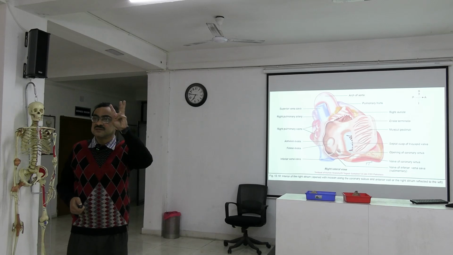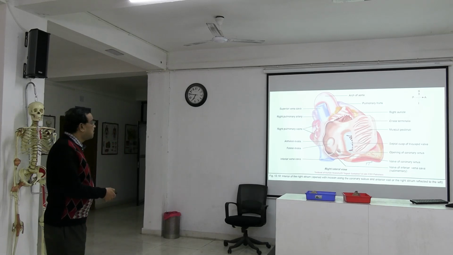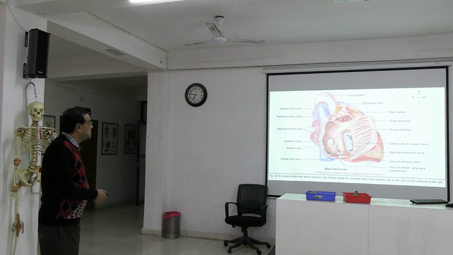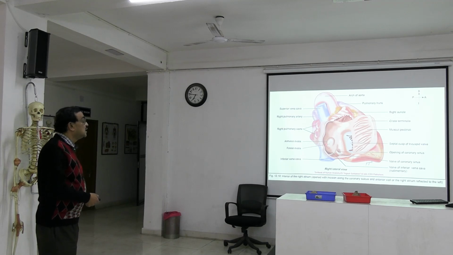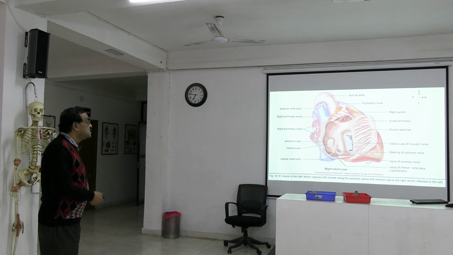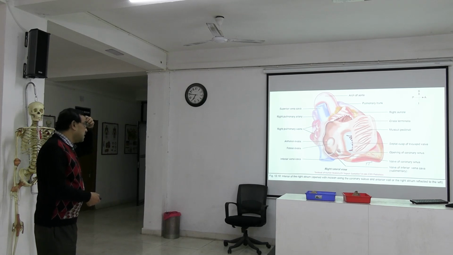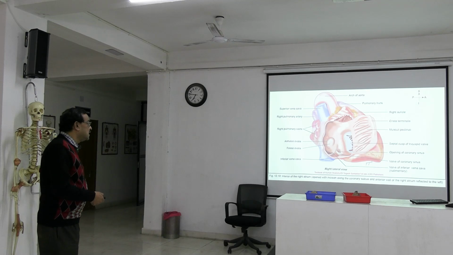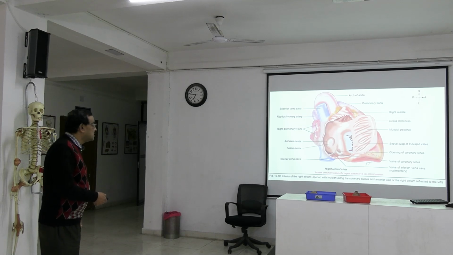So three parts: rough part, smooth part, then the part facing on the right side of the interatrial septum. Here on the right side of the interatrial septum, we get the limbus fossa ovalis and fossa ovalis, and sometimes we can find an opening here, which is called foramen ovale.